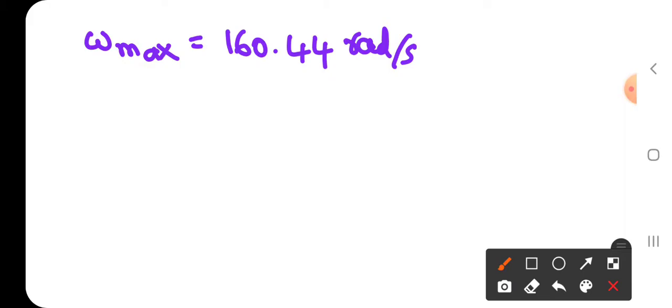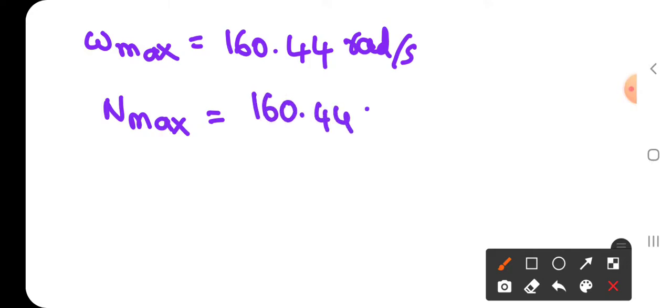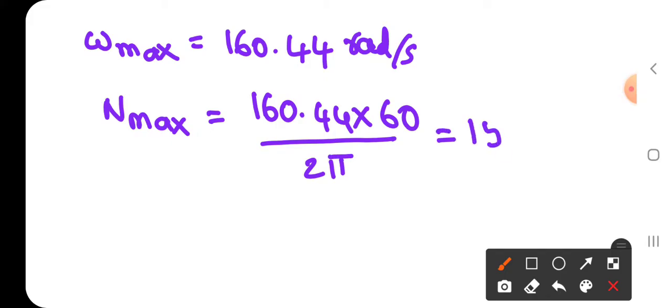Then what is the corresponding maximum speed in RPM? N max is equal to 160.44 into 60 by 2 pi. Therefore, it is 153.2 rpm.